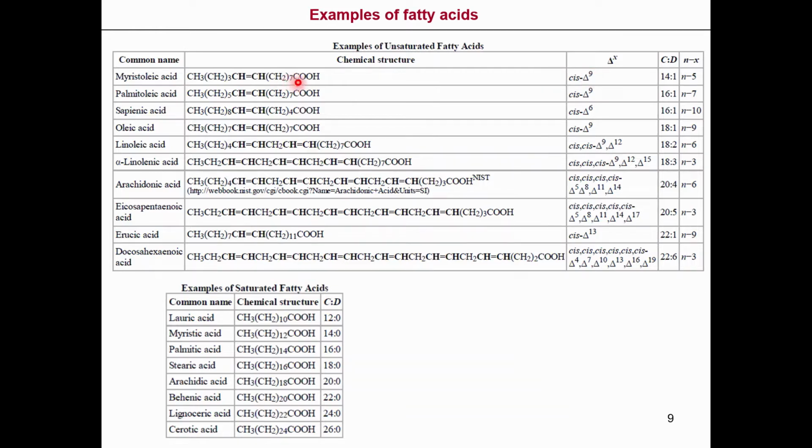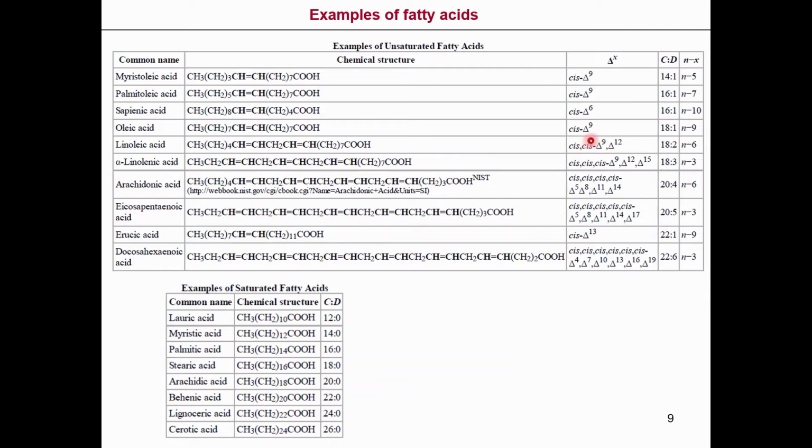So if you count from the carboxylic acid, which is the first carbon, the double bond is between carbon 9 and carbon 10. For the 18:2, it means you have a fatty acid of 18 carbon with 2 double bonds. The 2 double bonds are located between carbon 9 and 10, and 12 and 13.